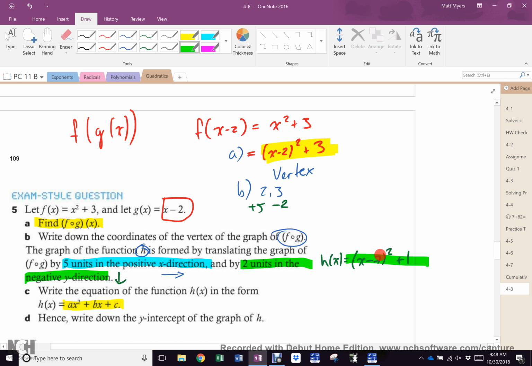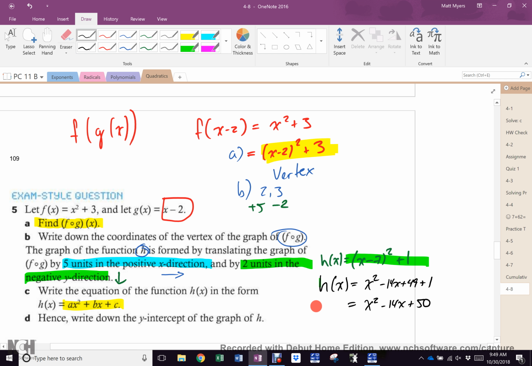So you would get h of x equals, expand this, x squared minus 14x plus 49 plus 1. Now what? Plus 1 and 3. Collect your like terms.